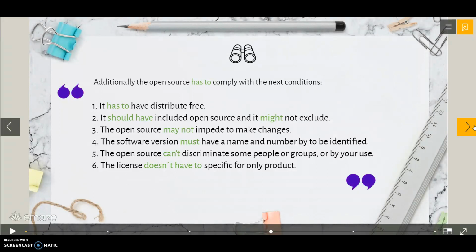The software version must have a name and number to be identified. 5. The open source cannot discriminate against people or groups, or by their use. 6. The license does not have to be specific to only one product.